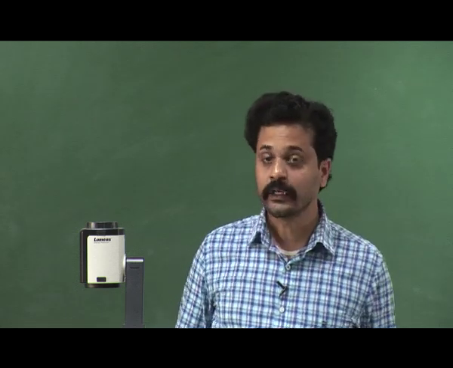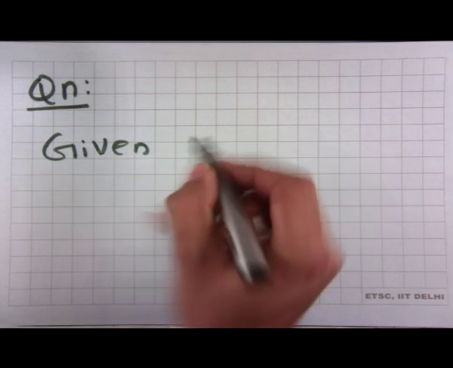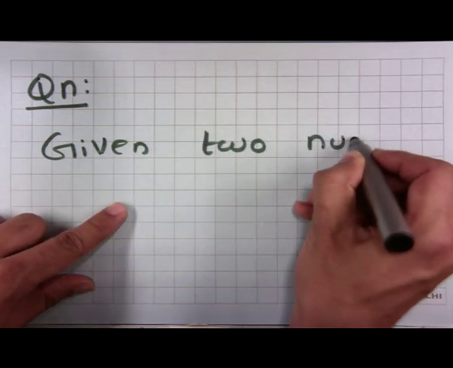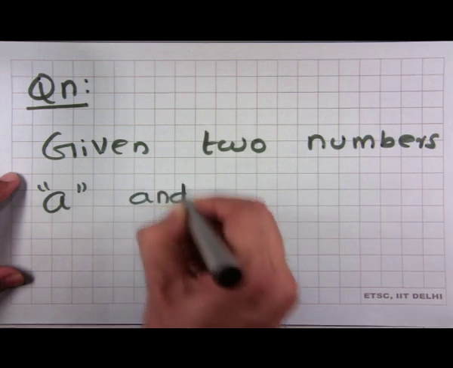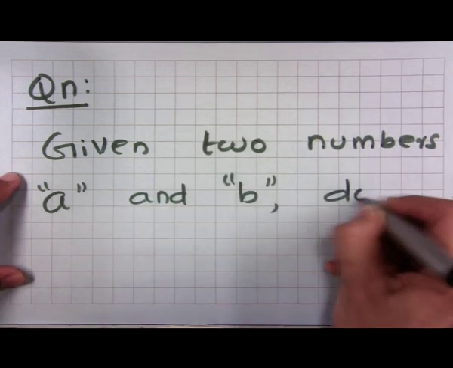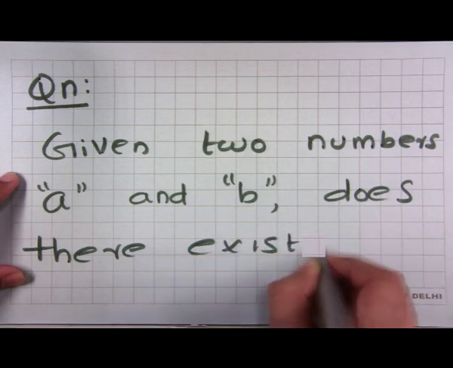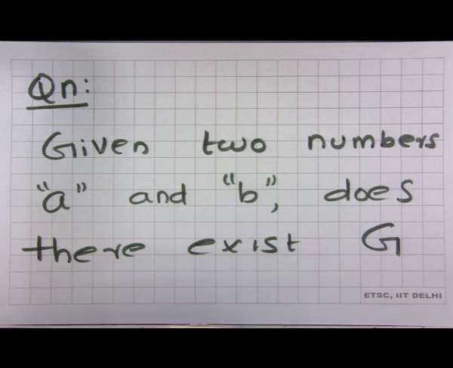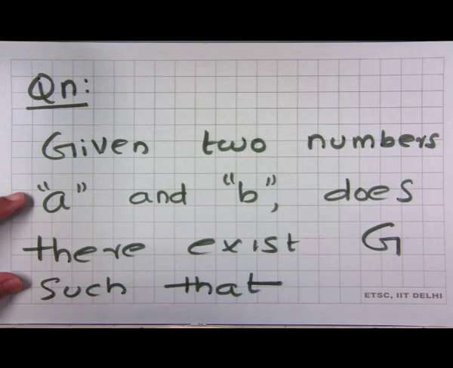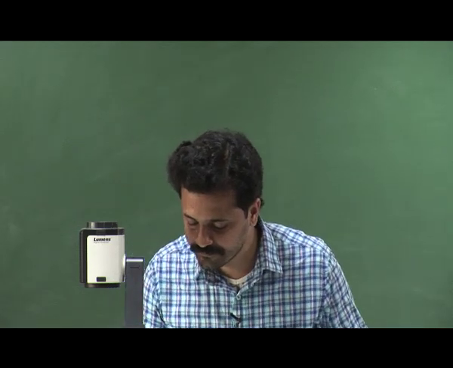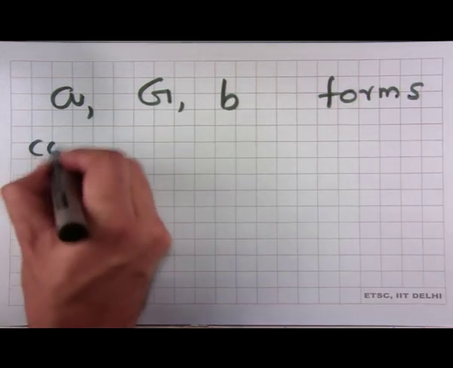That is, the question reads as: given two real numbers A and B, does there exist a number, let us call it G, such that A, G and B form a GP?